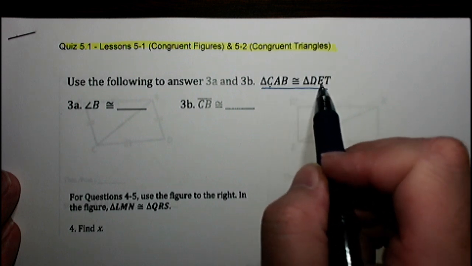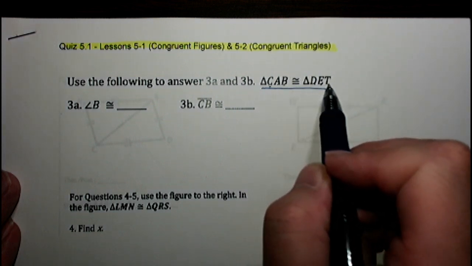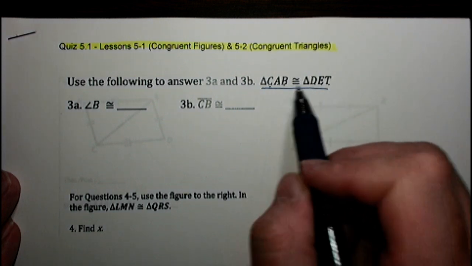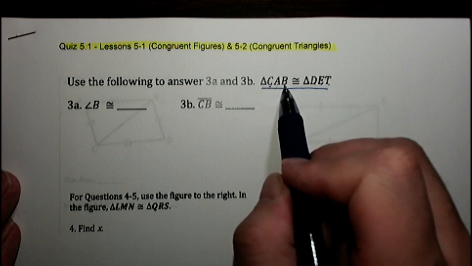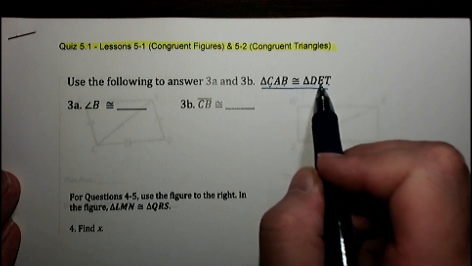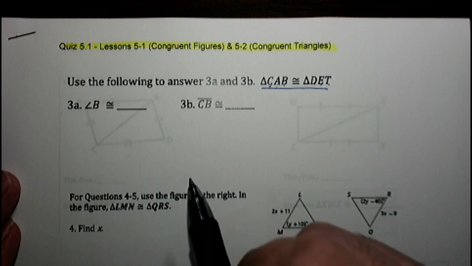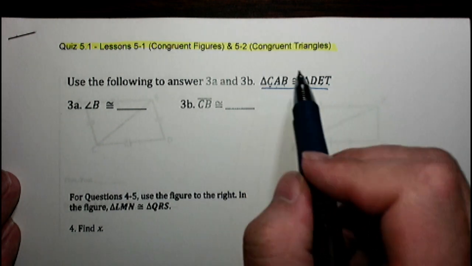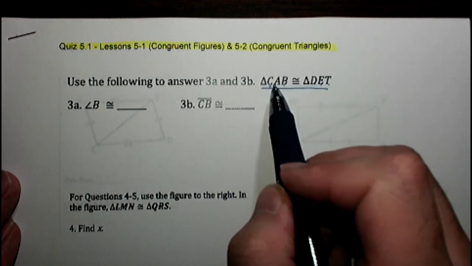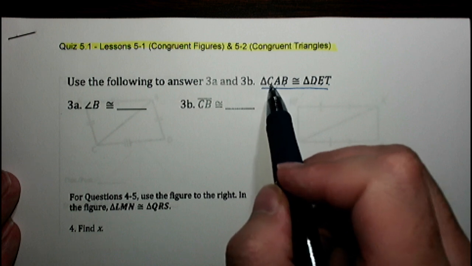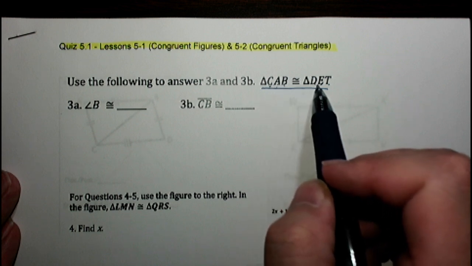A is congruent to E, B is congruent to T, and I'm talking about angles, by the way. So this is angle C, angle A, angle B, angle D, angle E, and angle T. And then we can also talk about line segments. Since C and A are the first two letters, line segment CA must be congruent to the first two letters of this triangle.